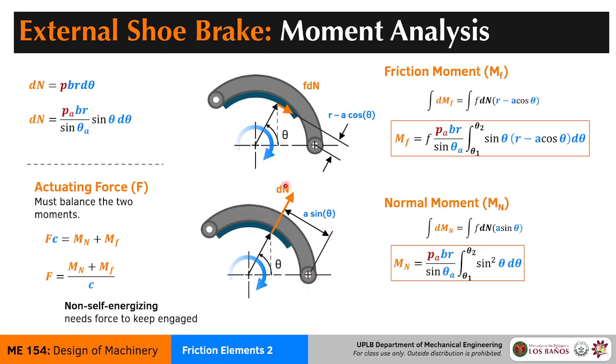None of the moments that the drum is exerting is keeping the shoe or the brake itself on the drum. So all of these forces want to push the brake away. So this is what we mean by non-self-energizing. You have to exert some level of force to keep the brake or the shoe on the drum.